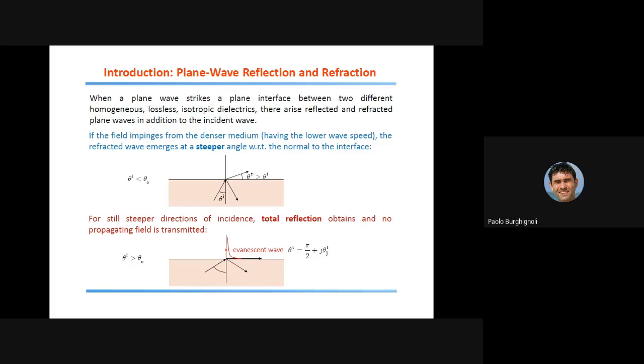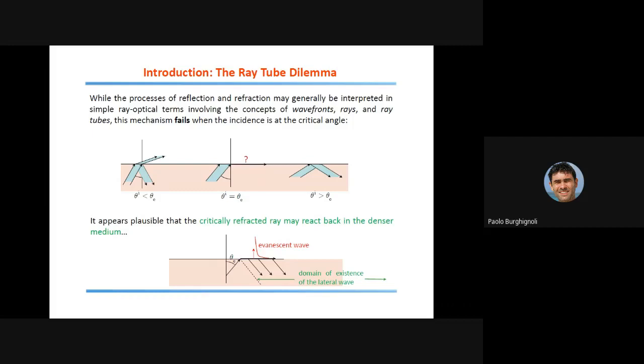Okay, this is all very well known. Let us try to imagine what happens in a ray optical description of the wave field, in which you interpret everything in terms of wavefronts, rays, and ray tubes inside which the power flows.